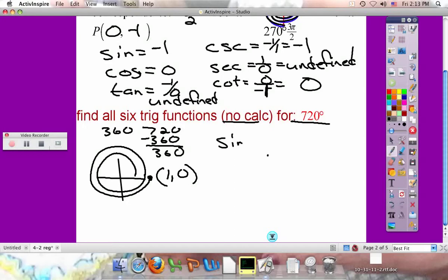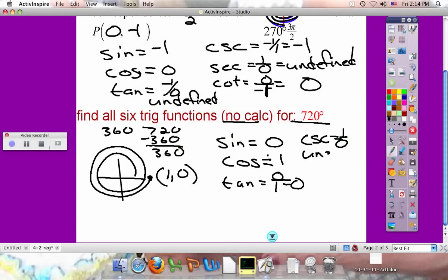So sine is the y value, which is 0. Cosine is the x value, which is 1. Tangent is y over x, that's 0 over 1, which is 0. Cosecant, CSC, reciprocal, that would be 1 over 0, which is undefined.